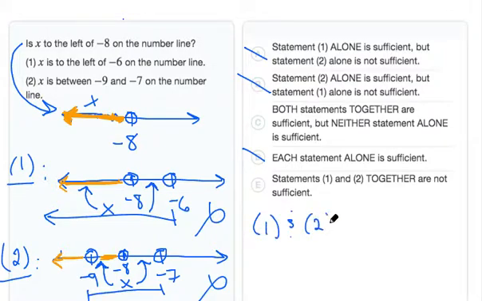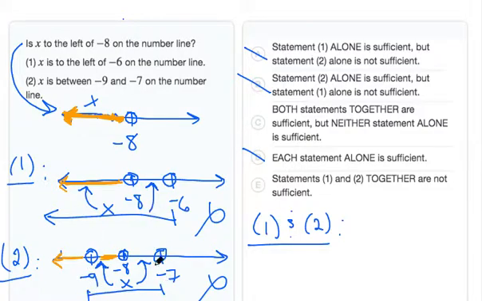Checking both statements together on a number line, we're looking at where the sections from statement 1 and statement 2 overlap. We have to be to the left of -6 for statement 1, and between -9 and -7 from statement 2, so we take where they overlap.